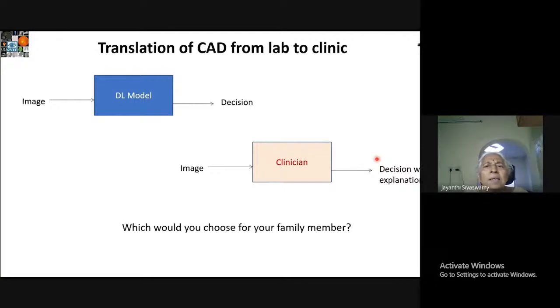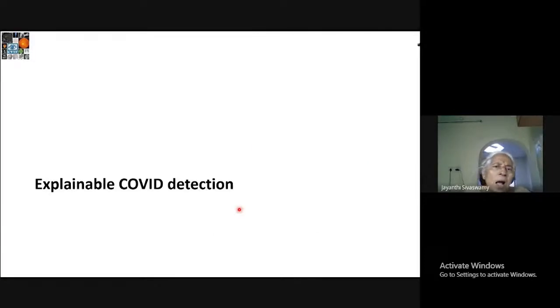That is why this is another major area of research. So finally, I will share with you our own work in this area. I just had a student who graduated doing this work.